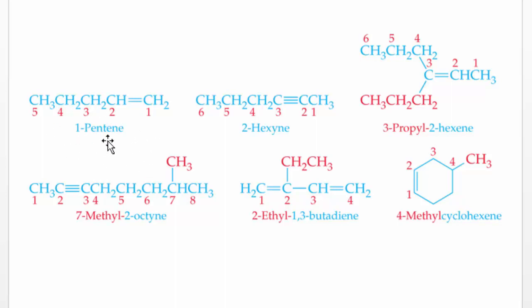We must put 1 because if the double bond moves here, then it becomes 2-pentene and so on. Here we begin numbering from this side. So this is 2, the parent compound hexane. It becomes hexyne. Why? Because it has this triple bond.